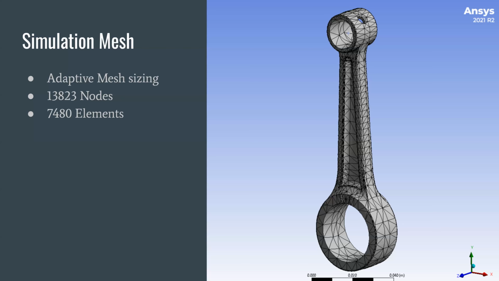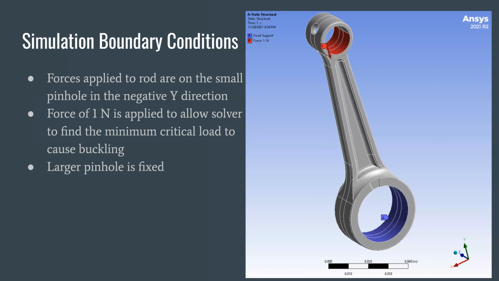For the next slide, we used the simulation boundary conditions. For the simulation boundary condition, we have assumed that a force of 1 Newton is applied downward in the negative direction on the small pinhole.